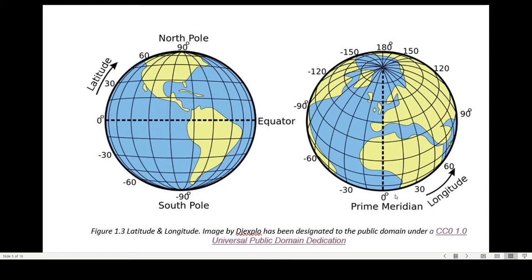And longitude, so this is a picture of the longitude. As I was explaining earlier, the prime meridian is at 0 degrees, and right on the opposite side of it is 180 degrees, and that's the maximum value from the western perspective and the eastern perspective.